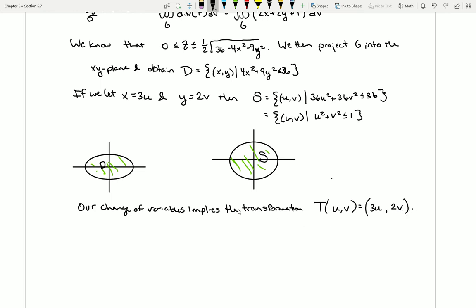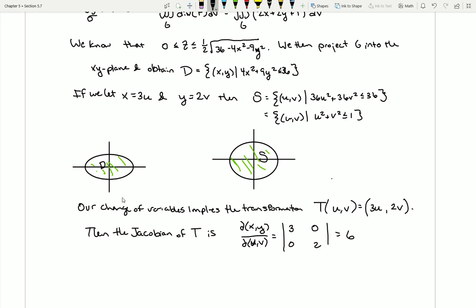If that's our transformation T, then the Jacobian of T is, and I can set this up, partials with respect to u going across the top, and partials with respect to v going across the bottom. When I calculate out my Jacobian, I end up with 6.